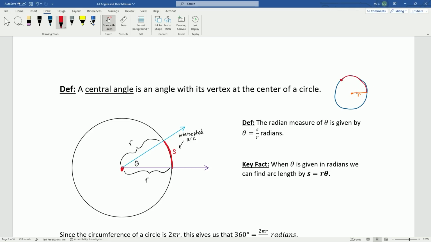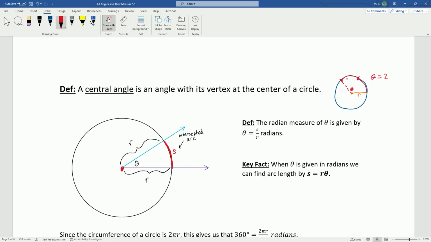Okay, so what I've drawn here, let's say if you took this radius and you laid it along the edge of the circle, this is about 1 length of the radius, this is about 2. So what we would say is theta is 2 here, because theta is the ratio. How many times does the radius fit along the edge of the circle? Right? So that's really useful because it tells us something immediate about the geometry we're dealing with.